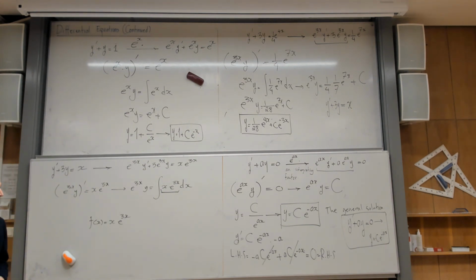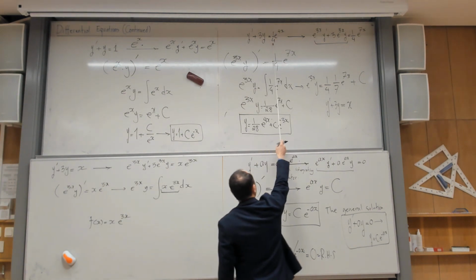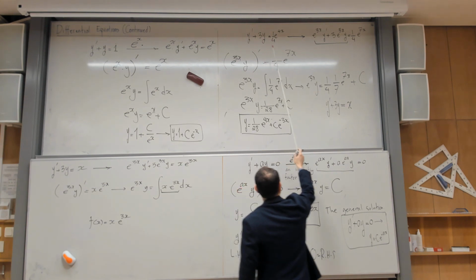If you can guess, of course, that's okay. If you can guess the function whose derivative is x e to the power of 3x, then you are done. You solved the problem. That is the reason that I consider this problem harder than the previous problem. Because in the previous problem, on the right-hand side, I had e to the power of 4x.